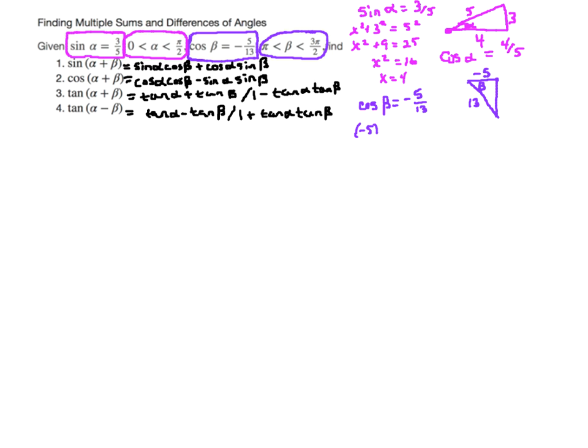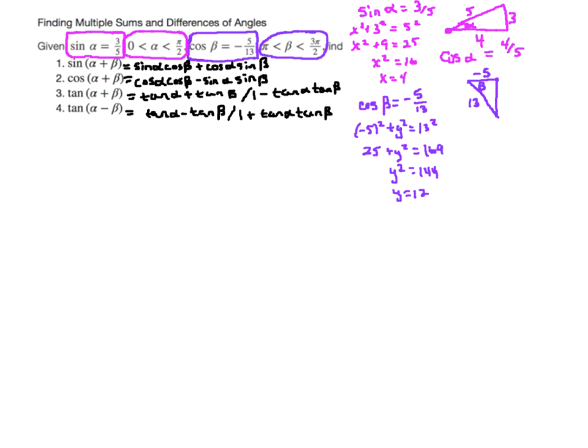So I have -5 squared plus y squared equal to 13 squared. That's 25 plus y squared equal to 169. Subtract 25 from both sides. So y squared is equal to 144. Take the square root of both. Y is equal to 12.